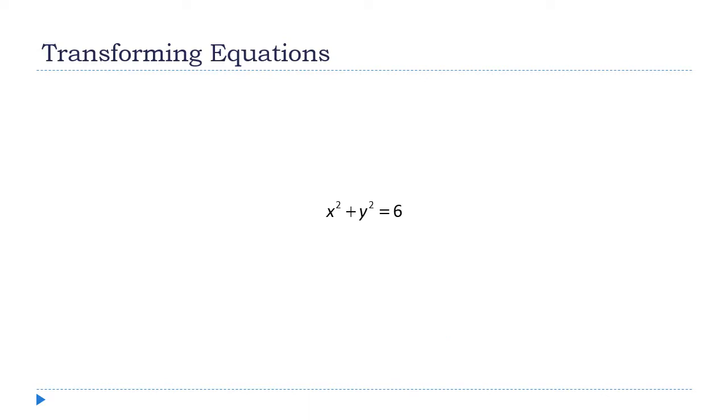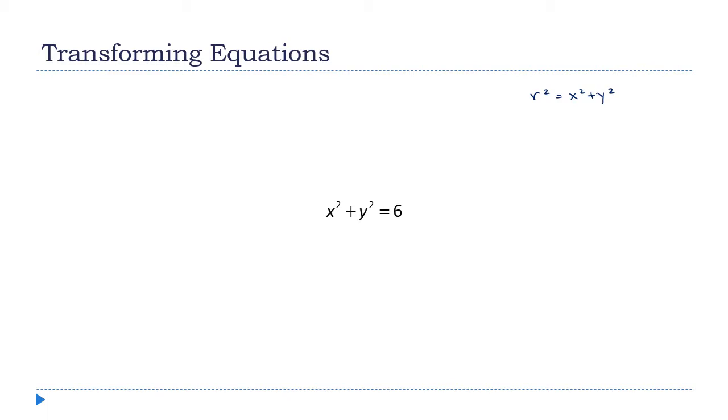Okay, let's try another one. Let's try this thing: x squared plus y squared equals 6. Remember what we had on the last slide: r squared equals x squared plus y squared. Well, good, I got x squared plus y squared here.